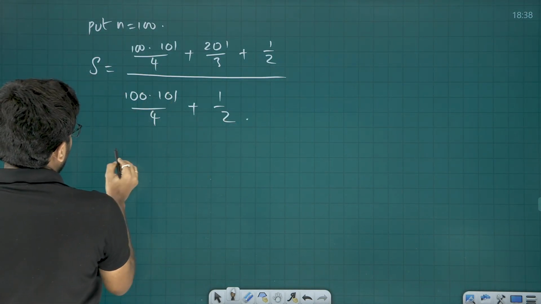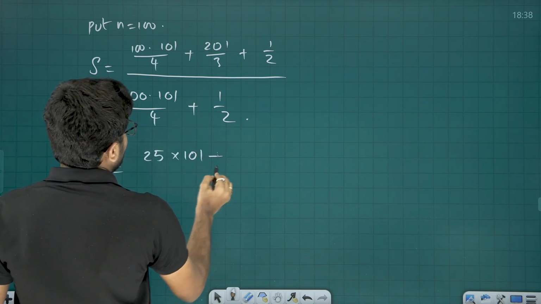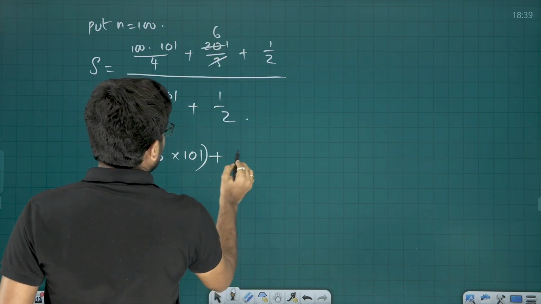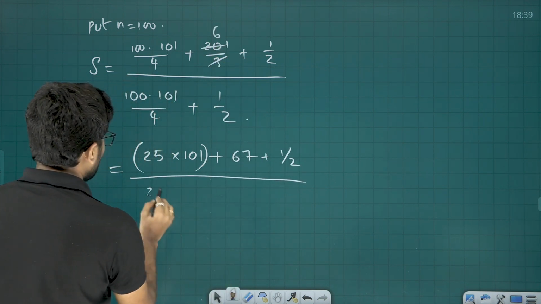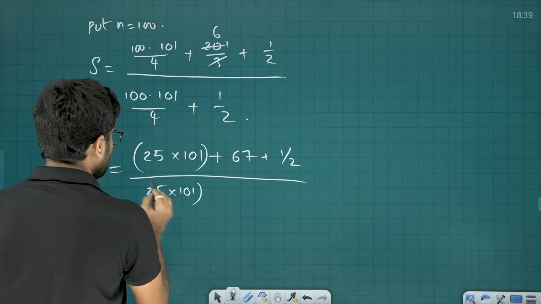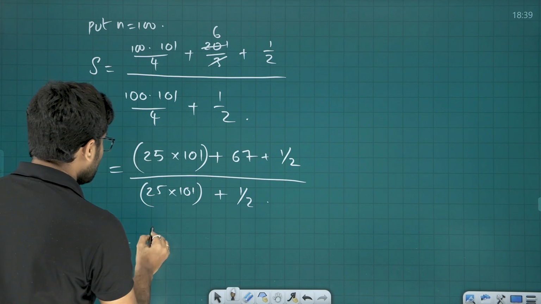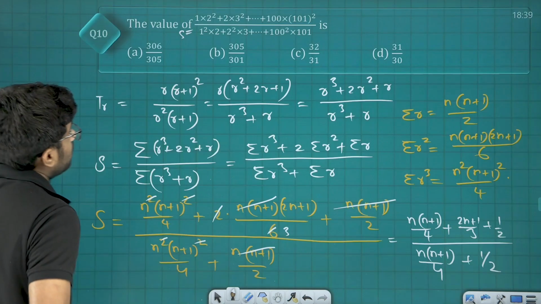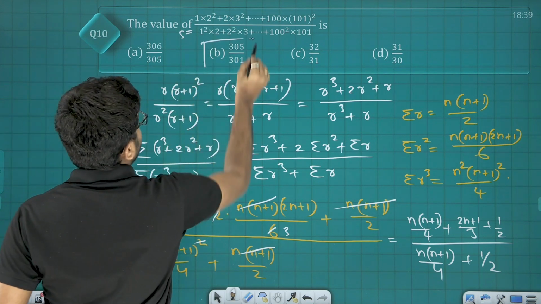So 100 by 4 is 25 into 101. 201 by 3 is 67, plus 1 by 2, divided by 25 into 101 plus 1 by 2. On simplification, we get this as 305 divided by 301, which is option B.